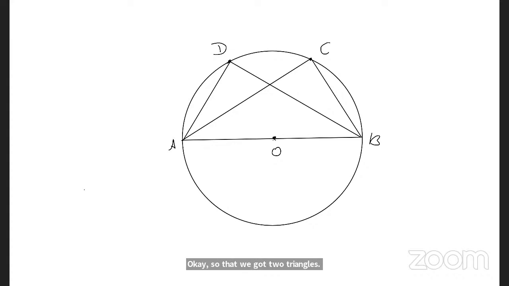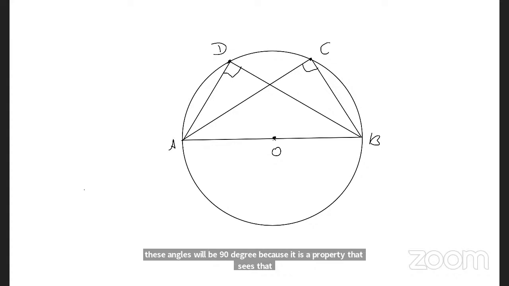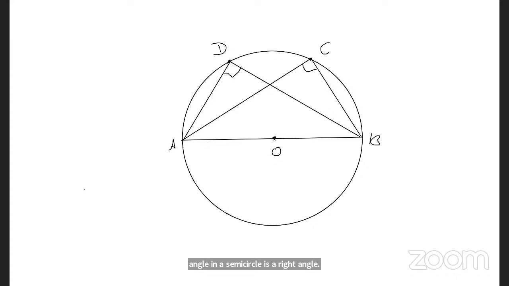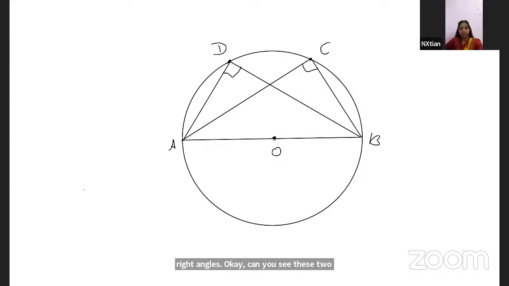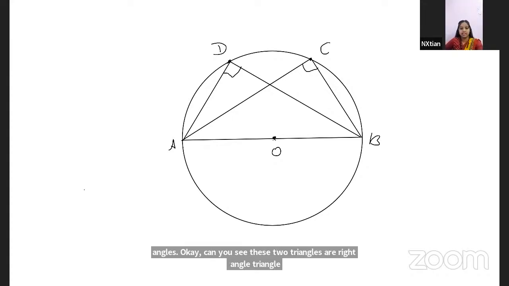In these triangles, we have this angle C and this angle D. Both these angles will be 90 degrees because it is a property that says that the angle in a semicircle is a right angle. Can you see these two triangles are right angle triangles?